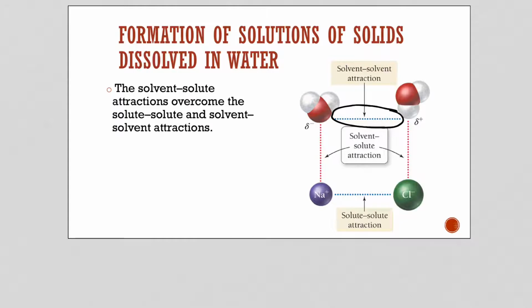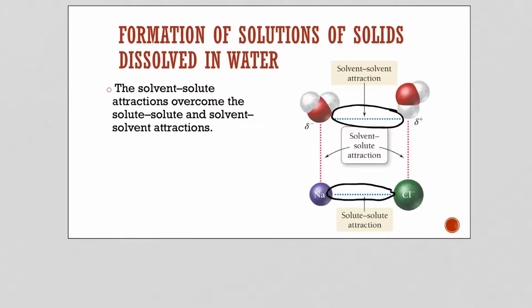And the solute, whatever that might be, is being held together by some sort of interaction. That could be some type of intermolecular force. It could be an ionic bond if we're talking about dissolving an ionic material, or it could be something like a dipole-dipole interaction if we're talking about things like sugar molecules. So it's going to be some sort of interaction holding the solute molecules to each other.